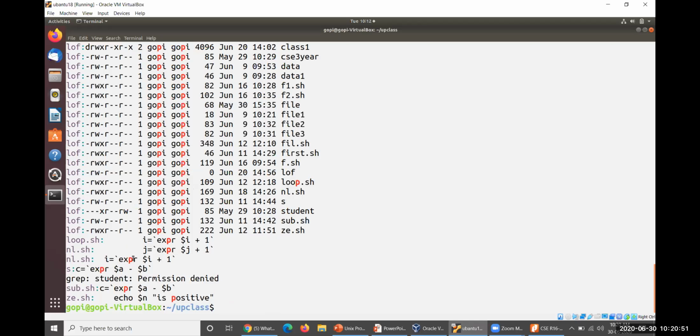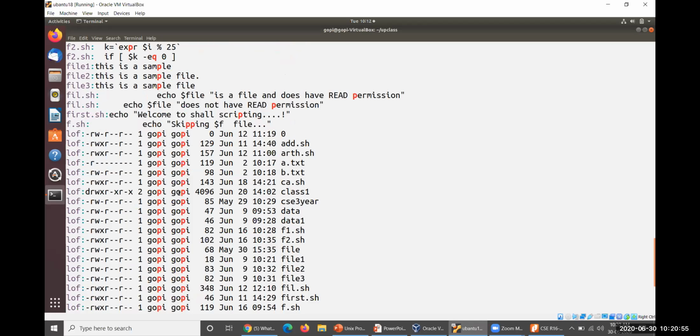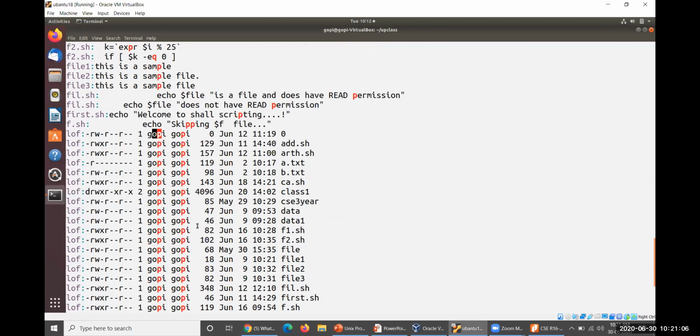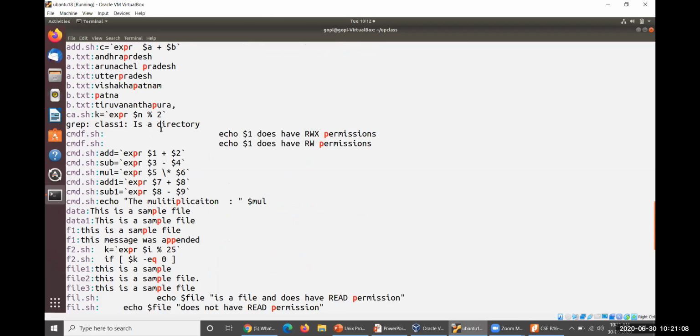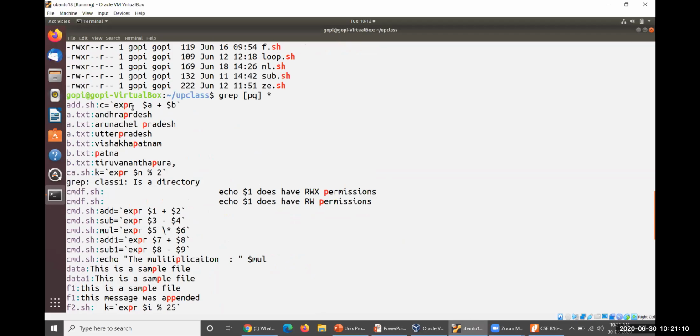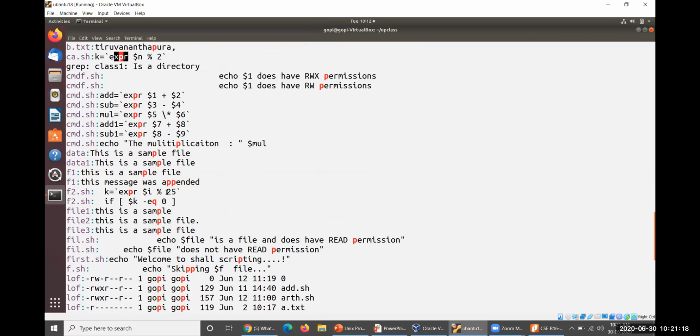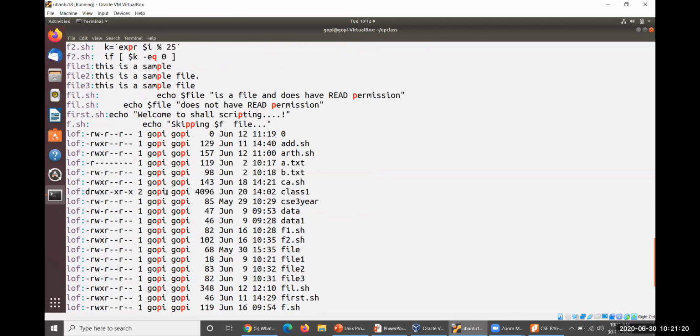Look at this, p exists here. In ls -l, if you take this, f is a file, lof is a file which has p, and this file has p with this expr, Andhra Pradesh, Arunachal Pradesh, something like this. So those could be displayed.